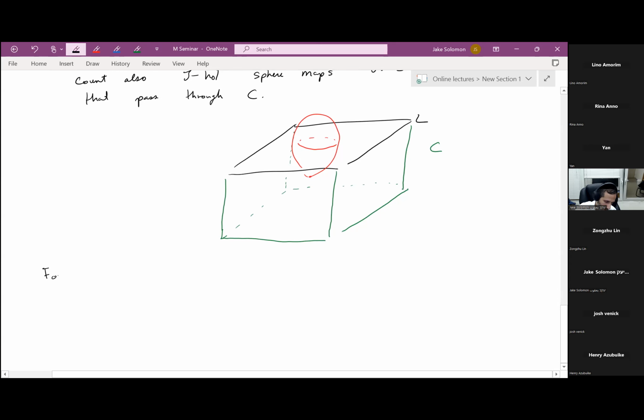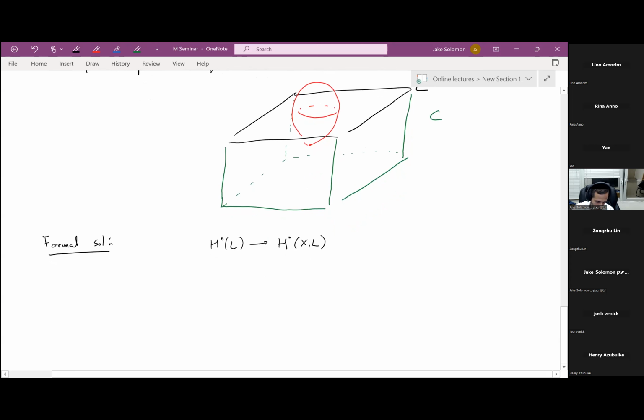Okay, and so the formal idea, the clean way of formalizing this, is to look at the map from the nth cohomology of L to the (n+1)st cohomology of X relative to L. This is the coboundary, and I want to choose a right inverse map here.